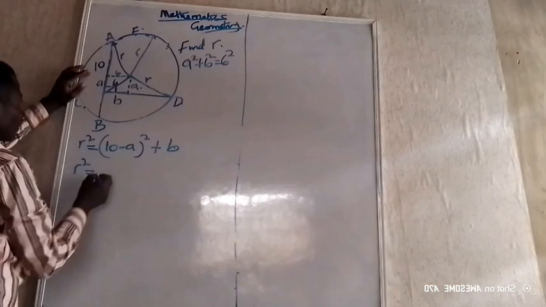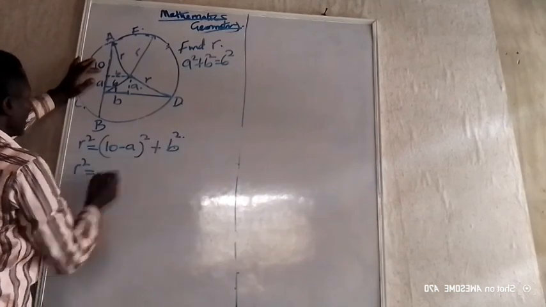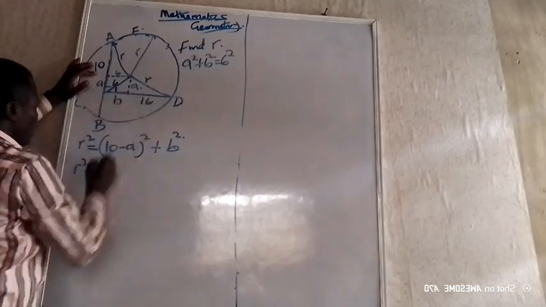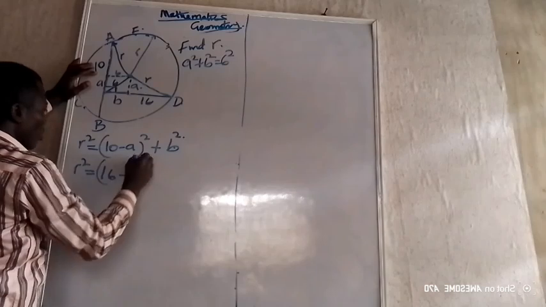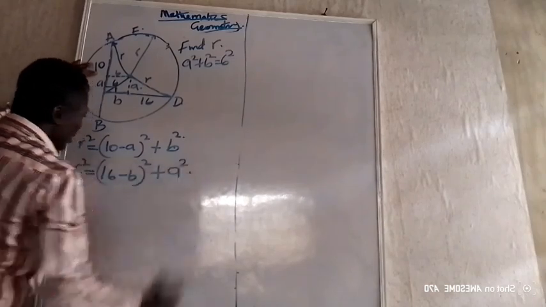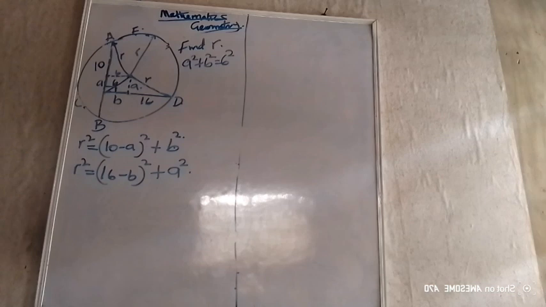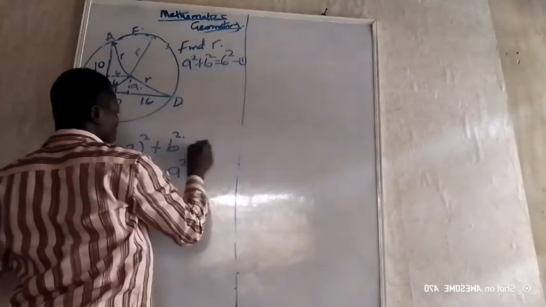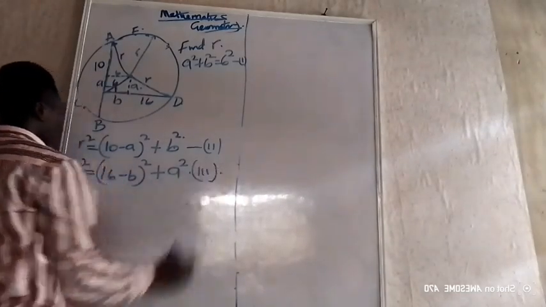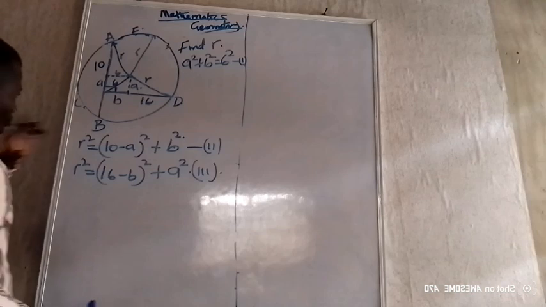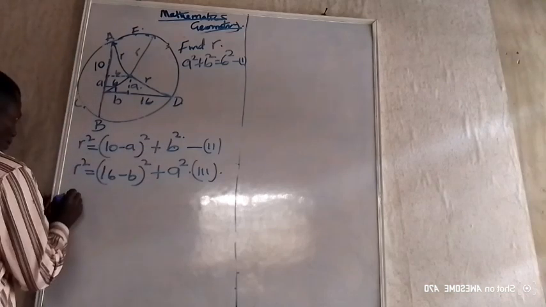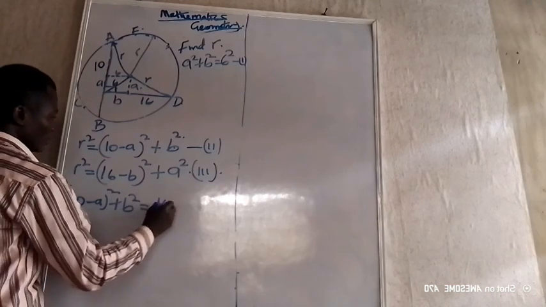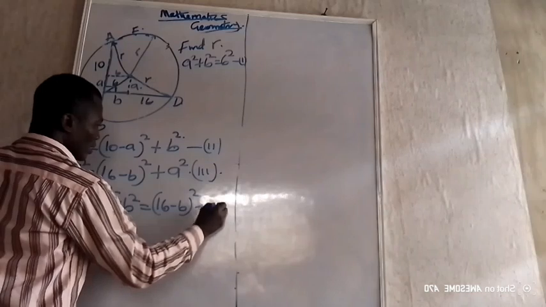R squared is also equal to, from here to here is 16, so (16 minus b) squared plus a squared. Now, these two are equal. So (10 minus a) squared plus b squared is equal to (16 minus b) squared plus a squared.